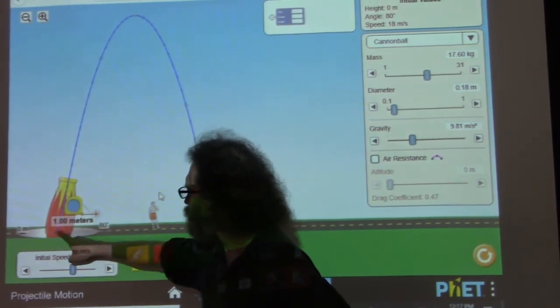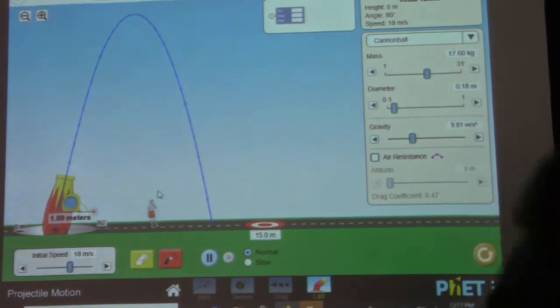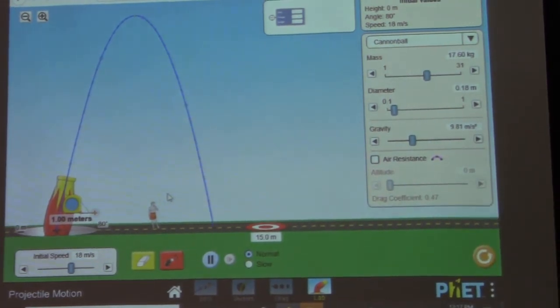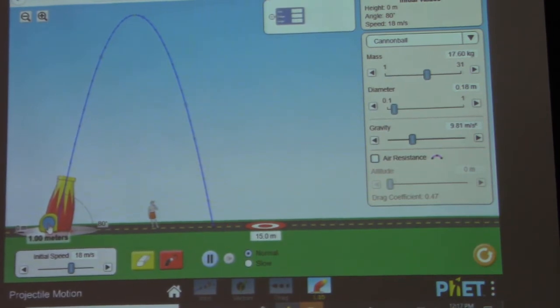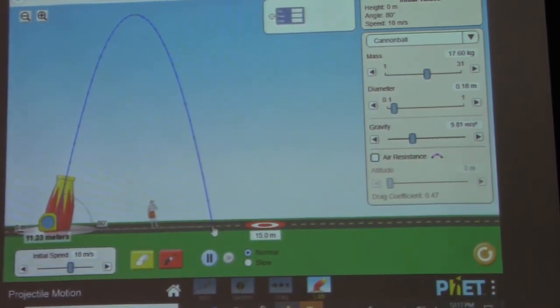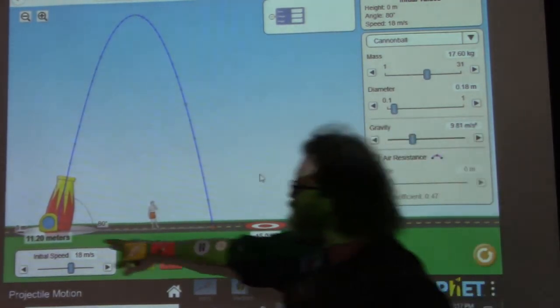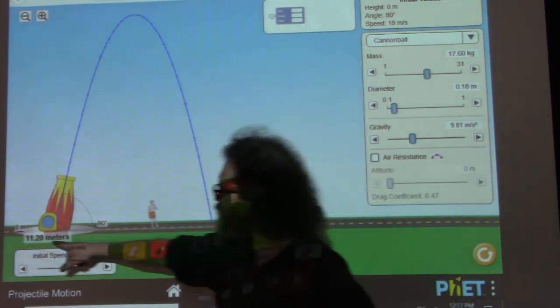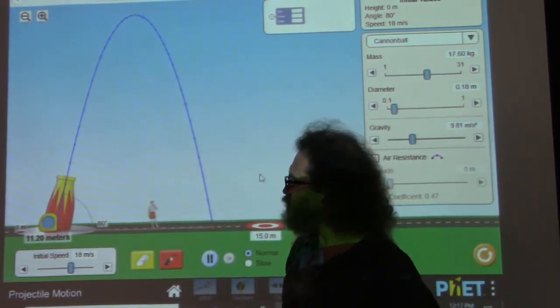Put the first plus sign where the plus sign at the base of the cannon is, because that's where the trajectory begins. And then stretch the other one. I don't know if you can see the tape. It'd be hard to see on the video, but I've stretched the tape out to here, and it says 11.2 meters. That's how far the cannonball has gone.